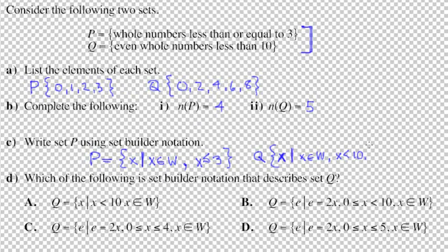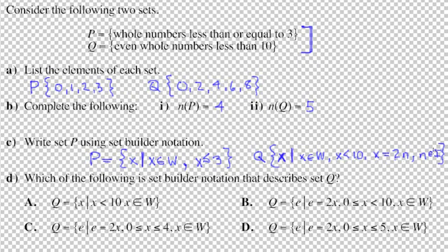For a number to be even, it has to be divisible by 2, so you'd have to have something like x is, this is what I would do. There's probably other ways to do this and they might be better, but I'm saying our number is 2 times something, and that something can't be a fraction. It's got to be a whole number.